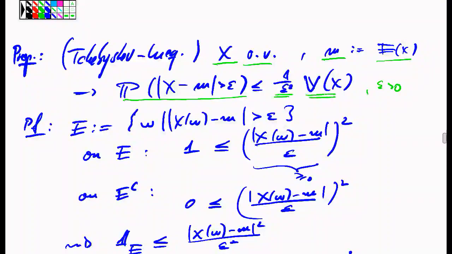So you can estimate the probability of seeing something other than the mean in a concrete realization of the random experiment. You can bound this probability from above by the variance divided by epsilon squared, when epsilon is your level of tolerance.